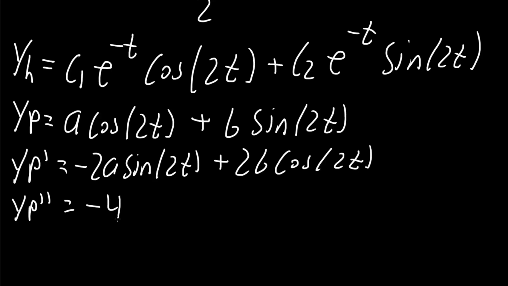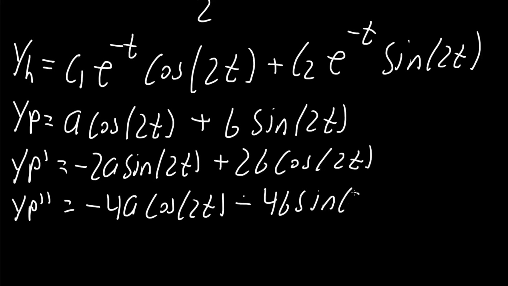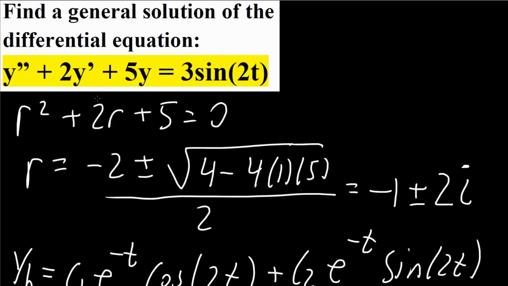So we get negative 4a cosine 2t minus 4b sine 2t. And so we will replace y double prime with our yp double prime, 2y prime with our 2yp prime, and 5y with our 5yp, and that will equal 3 sine 2t.